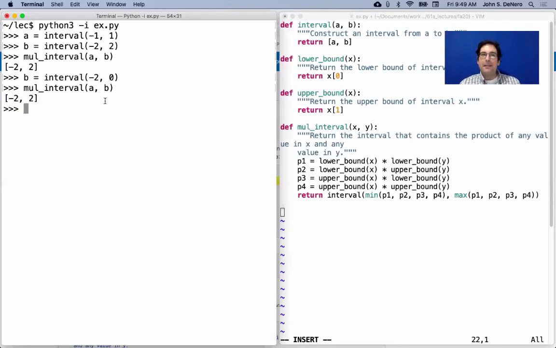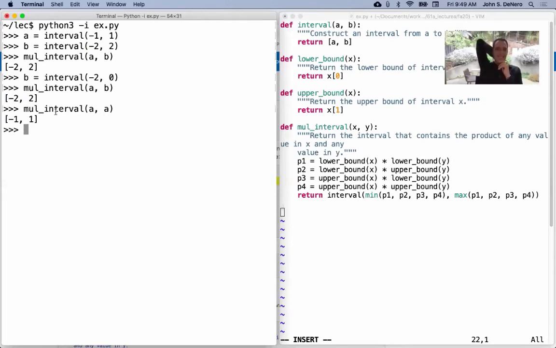Here's something weird. What happens if you multiply A by A? It says you could get anything from -1 to 1. But I argue this is wrong. Because if you take some number and you multiply it by itself, you never get a negative number.